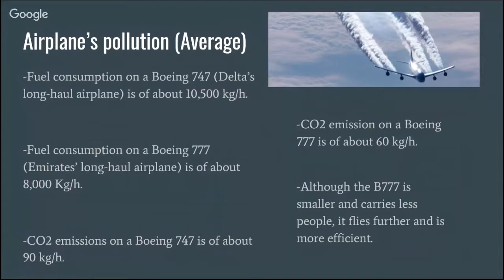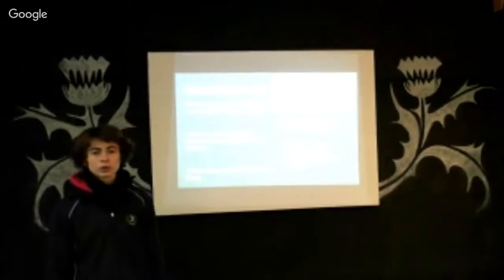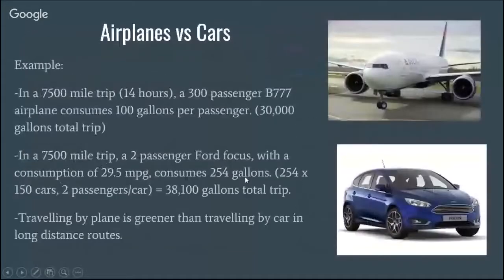And then we have the Boeing 777, which is the long-distance route airplane for Emirates. This one consumes about 8,000 kilograms of fuel per hour. And then these airplanes obviously burn fuel and emit CO2, carbon dioxide. The 747, the one of Delta, produces 90 kilograms per hour of CO2, and the 777, the one of Emirates, produces 60 kilograms of CO2 per hour.